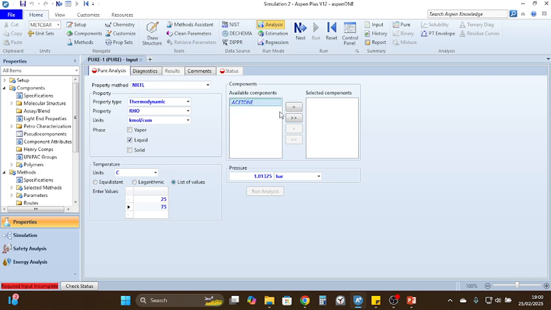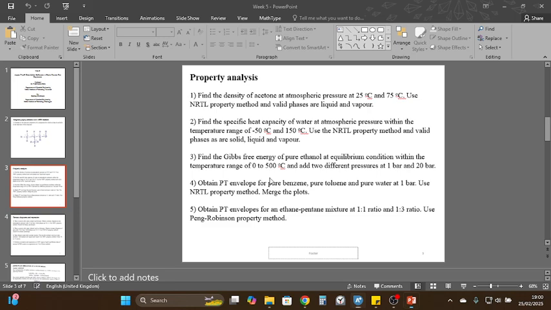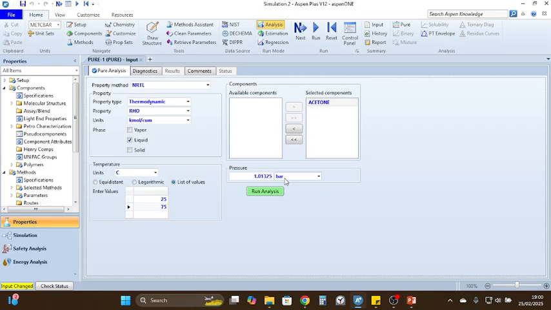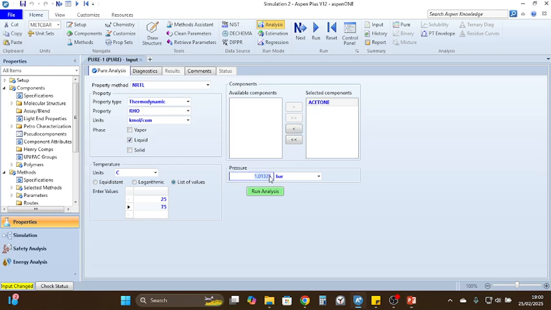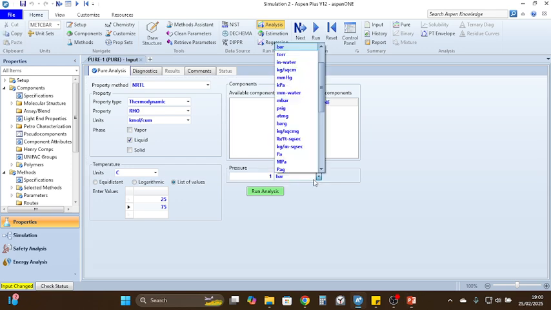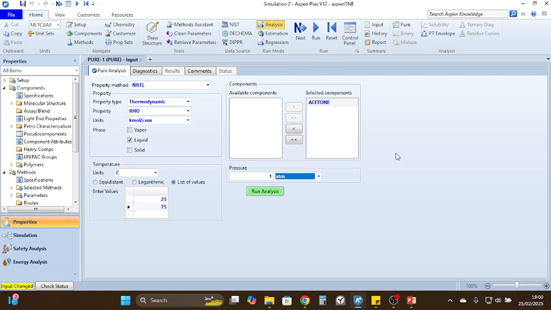The component that we are going to do is acetone. Now, the pressure is 1.0235 bar. It is being said that we have to do it at atmospheric pressure. So we are going to set the pressure as 1 atmosphere. Next, we are going to run the analysis.